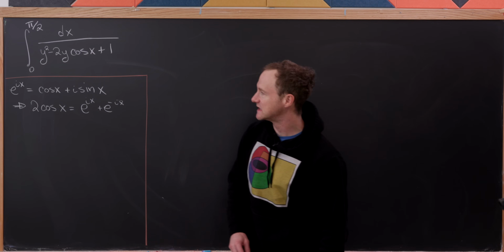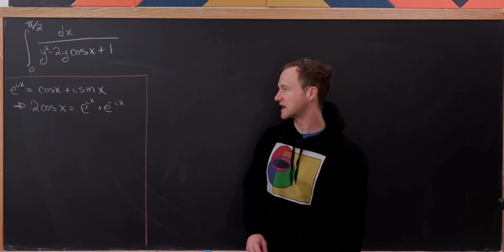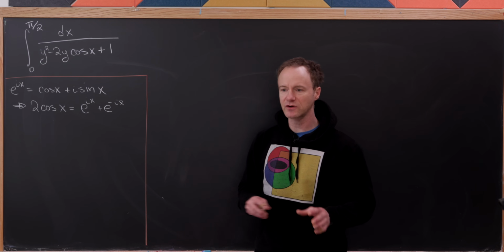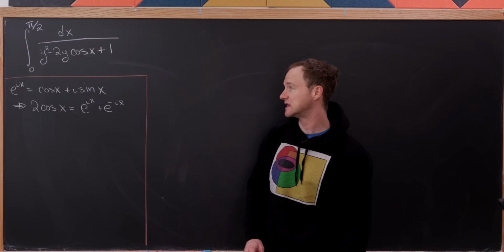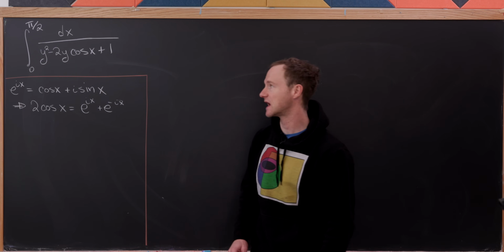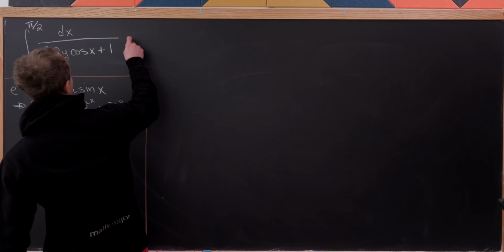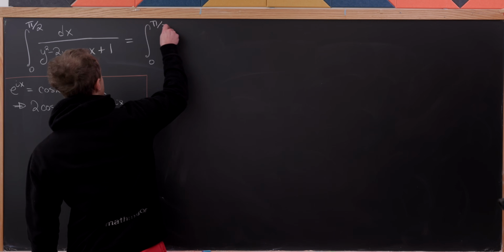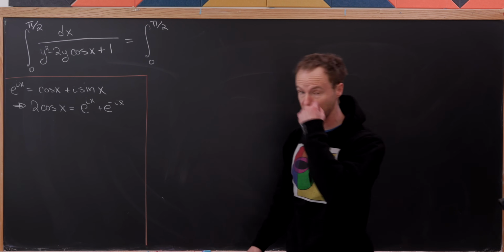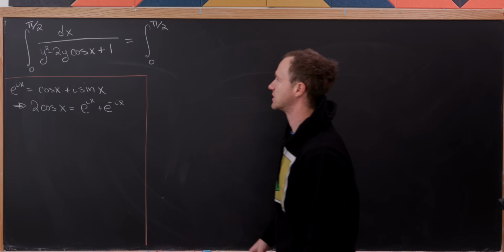So that says that e to the ix is cosine x plus i sine x. But after a little bit of manipulation, you can see that 2 times cosine x is e to the ix plus e to the minus ix. So that's going to be our first step, to replace 2 times cosine x with this sum of these two imaginary exponentials.